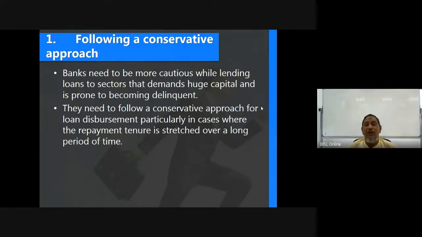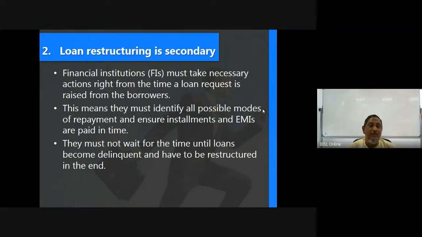They need to follow a conservative approach for loan disbursement, particularly where the repayment tenor is stretched over a long period of time. Large amounts and long-period facilities need a very close, conservative approach.